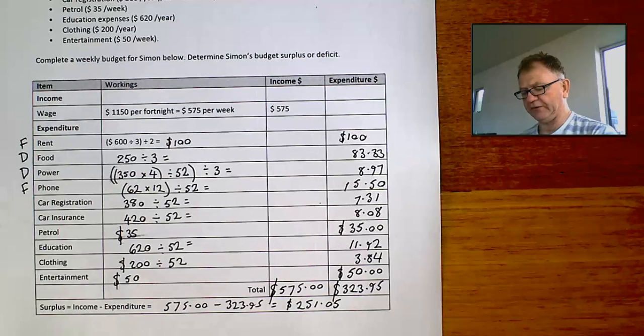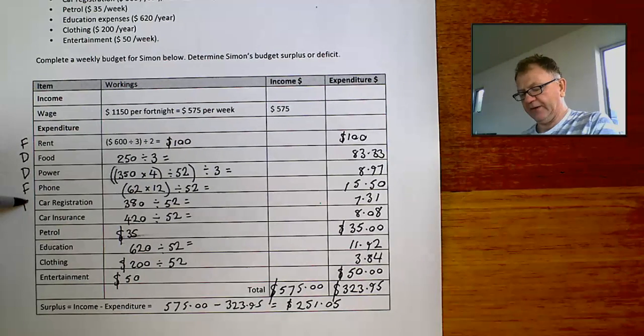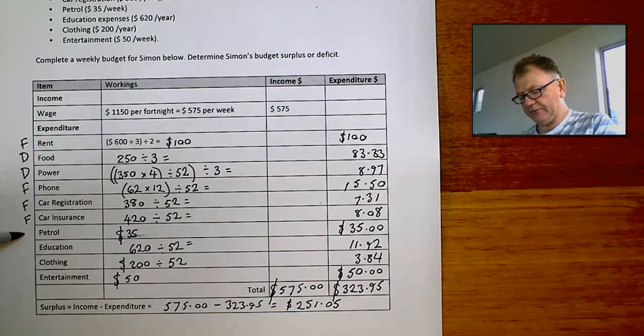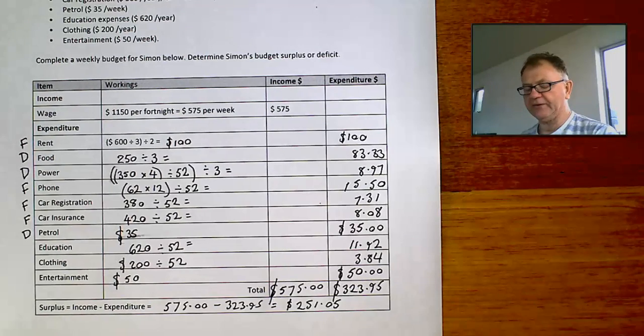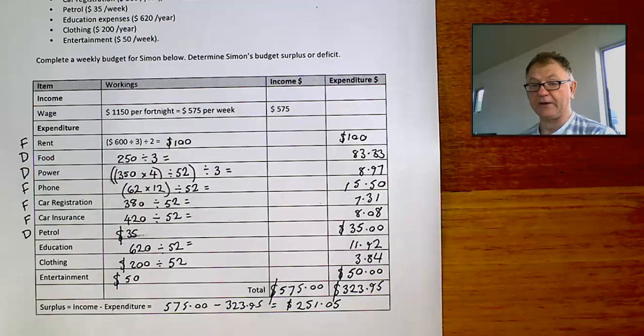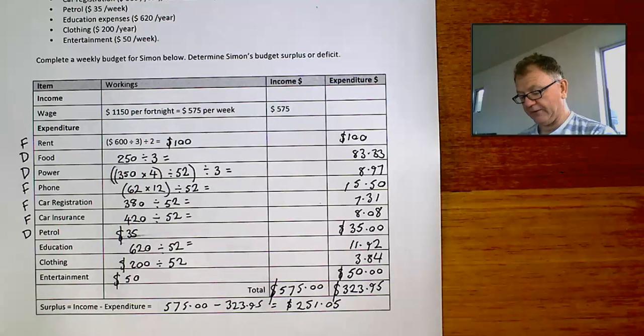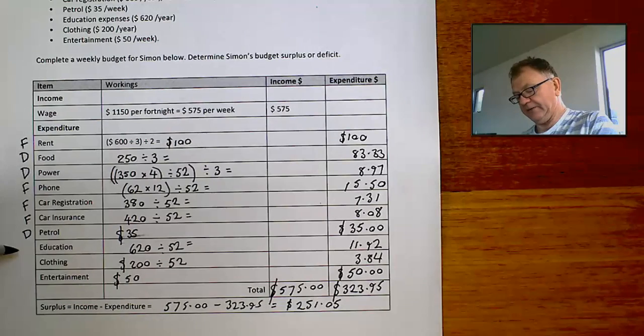Car registration and insurance are both fixed. There's nothing that he can do to control the amounts, whereas petrol, if he travels less distance, he'll use less fuel. That makes it a discretionary item. I'm assuming that his education has things like course fees and stuff like that, so they would be fixed expenses.